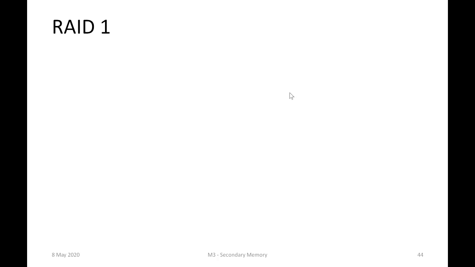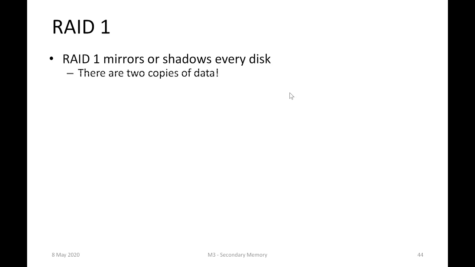The next level is RAID 1. What it does is it mirrors or shadows or copies the contents of one disk to another. So it means that there will be 2 copies of every data.